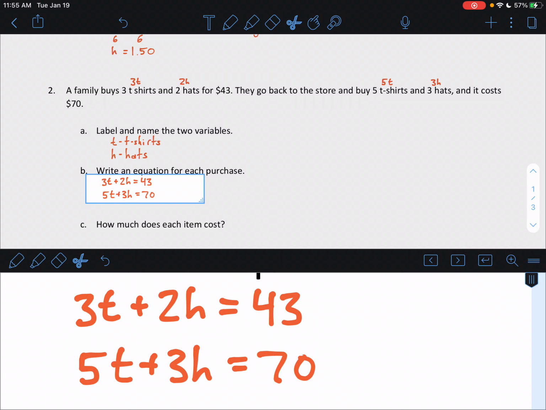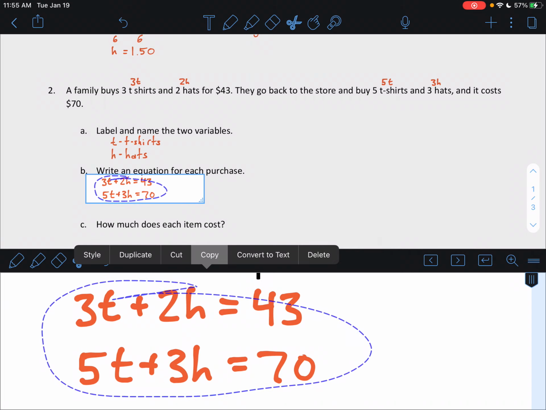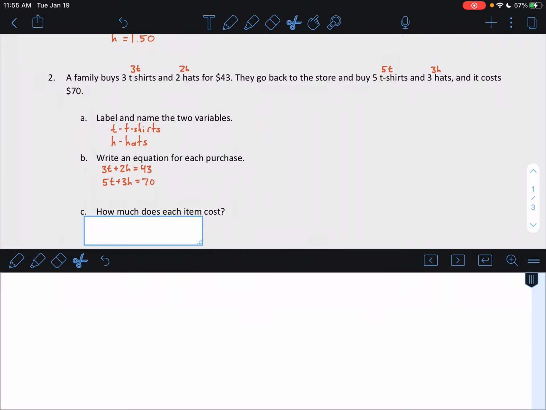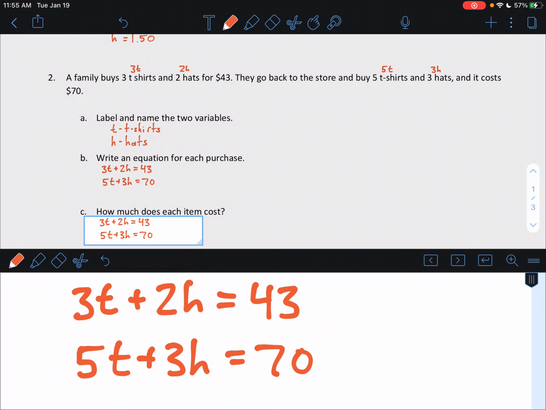So now I need to solve how much each item costs using these 2 equations that I've written. And you might see an issue here. If I try to solve by elimination, nothing really shares common factors here. And if I try to solve by substitution, nothing's really easy to isolate.